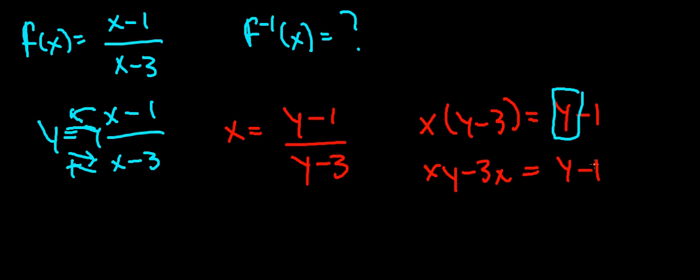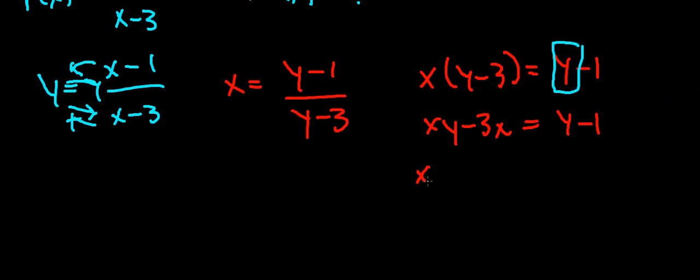And now what we can do is add this 3x over to the other side and subtract this y over to the other side, and we'll have one side of the equation with just y. So we have xy minus y is equal to 3x minus 1. And now we can pull out a y of this equation, because y is a common factor, so we can pull out y.